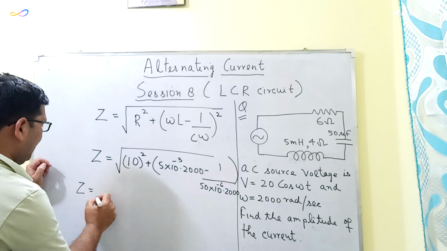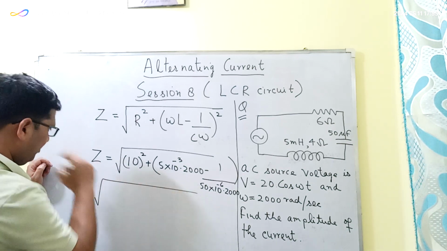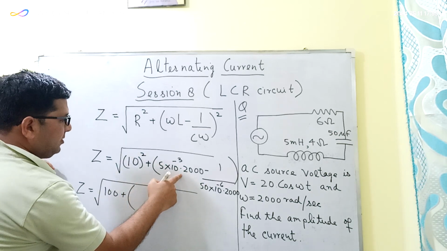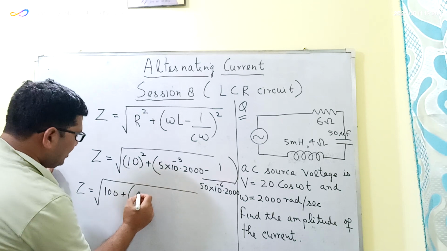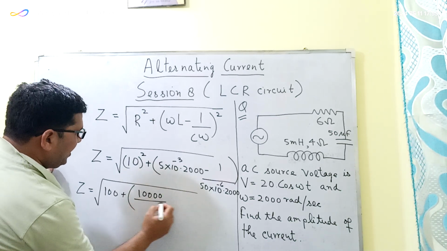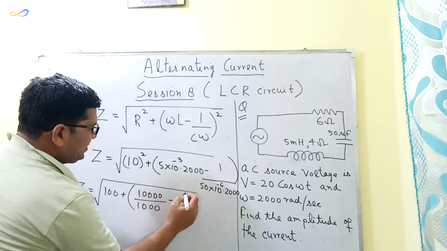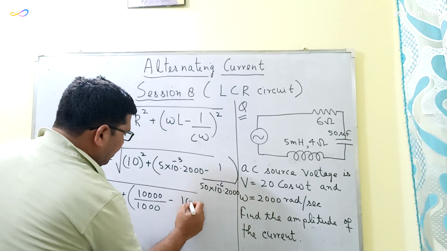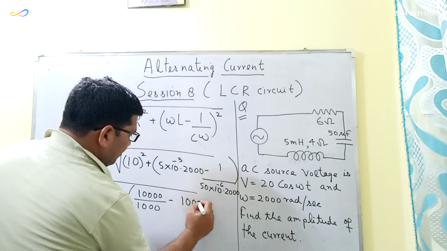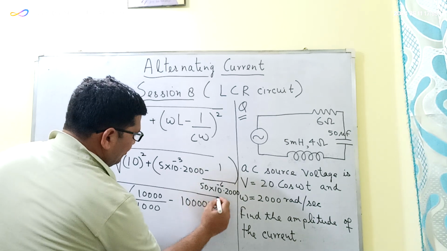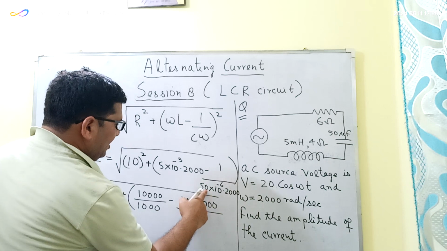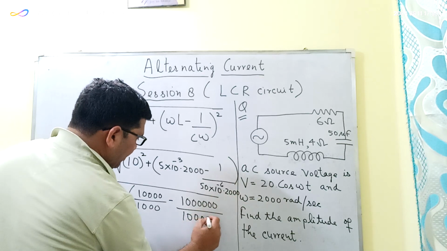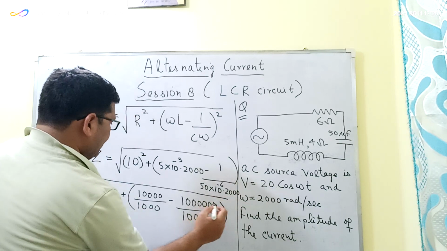So the value of impedance will be equal to 100 plus 5 into 2000, which is 10,000, divided by 1000 minus, the 10 to the power minus 6 can be taken in the numerator, and in the denominator I will be getting 10, and this is whole square.